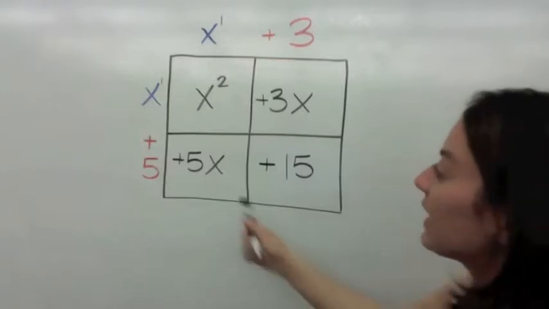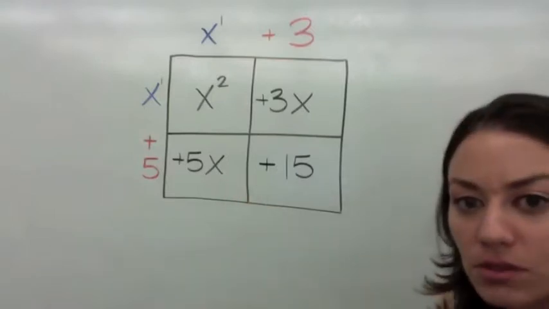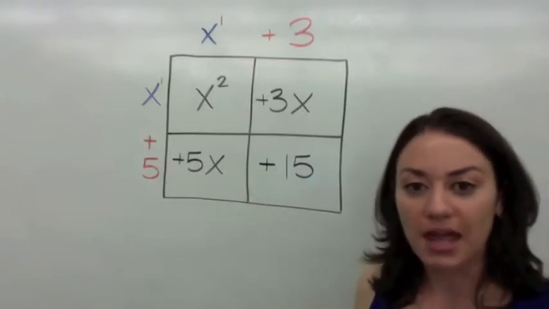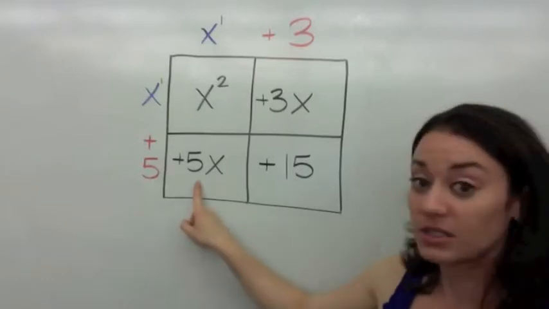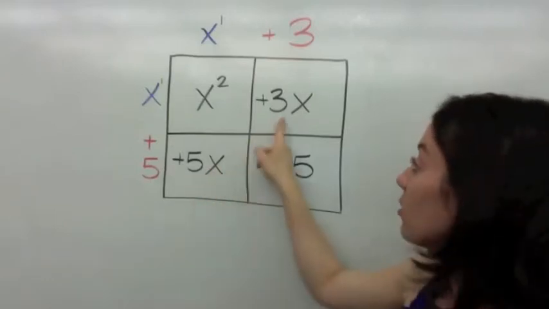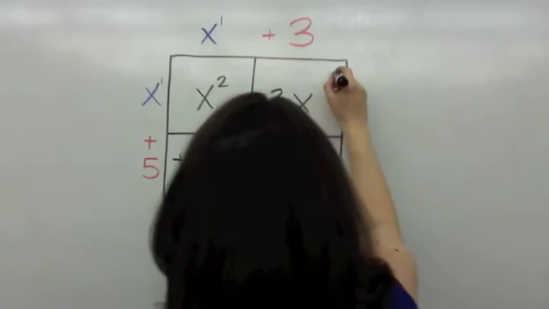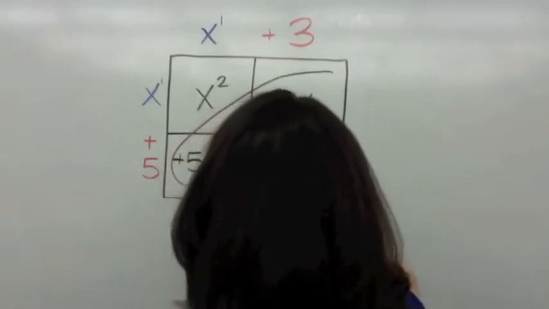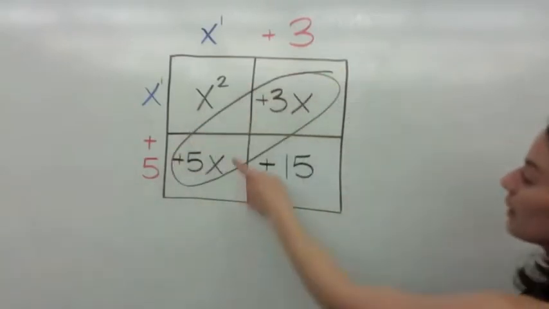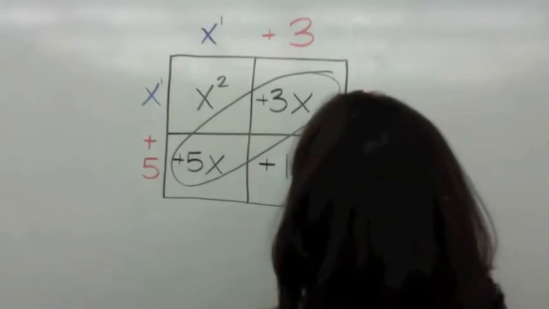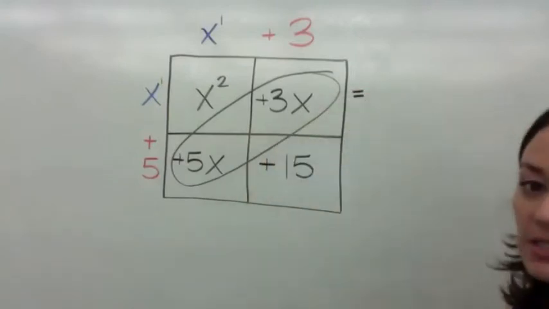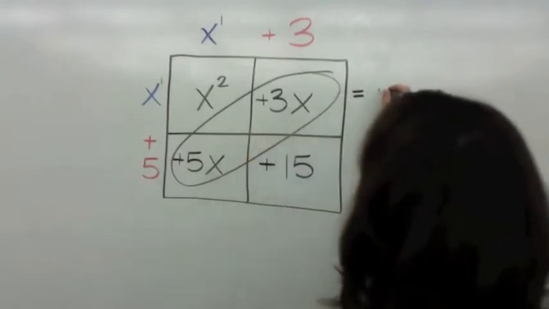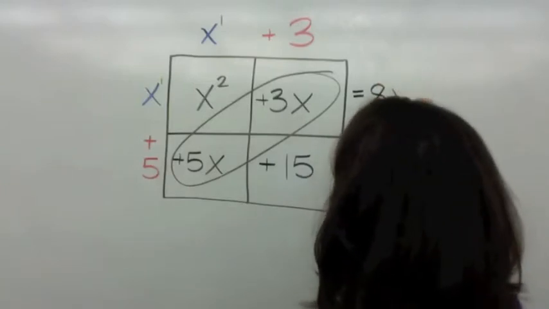Can we combine like terms? Which terms both end in x? 5x and 3x. So now you're going to circle a diagonal and combine like terms. What is 5x plus 3x? Add 5 plus 3, that makes 8x.